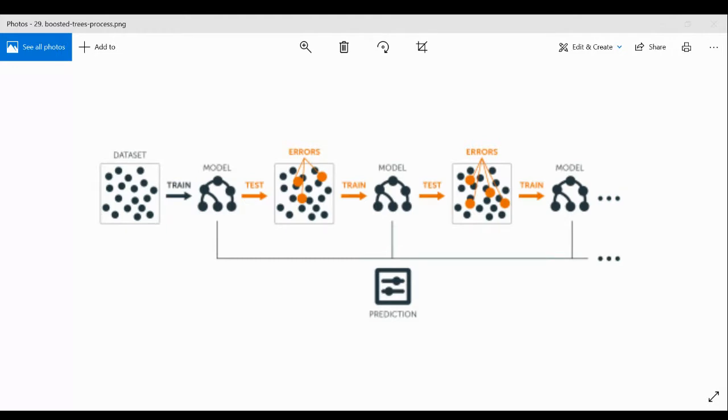And then you aggregate them all together at the end into a prediction. The basic idea being that as you go through and train on the residuals and try to fix them up, when you aggregate that all together, you're not going to completely fix them, because the errors of the early models are going to be incorporated into the prediction, but you've cleaned them up a bit from the next ones. That's kind of the general idea.